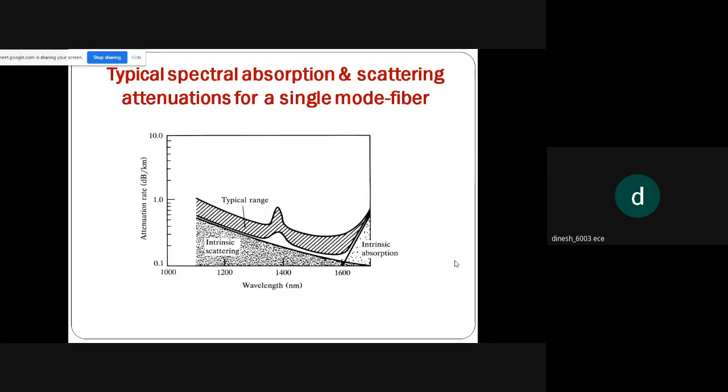As we had seen with respect to the graph, the first window, second window, the desired single mode fiber structure, the typical range. So at this wavelength, the typical range should be here. At 1400 should be here. At 1500 should be here, and after that it should increase like this. So this is a typical curve showing the absorption, scattering, and attenuation characteristics in single mode fiber.